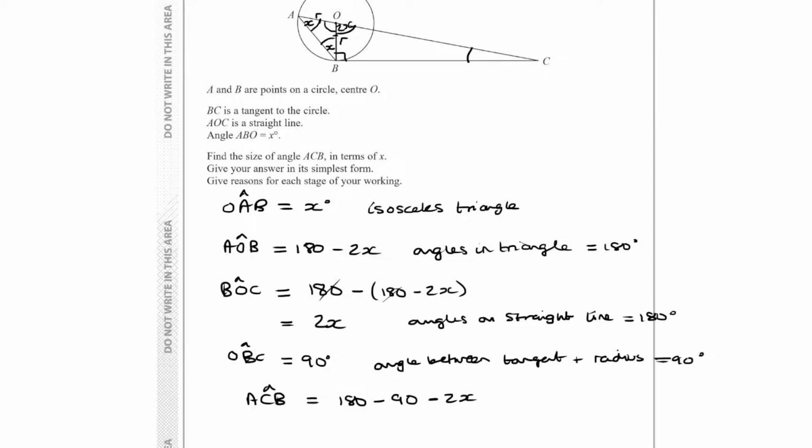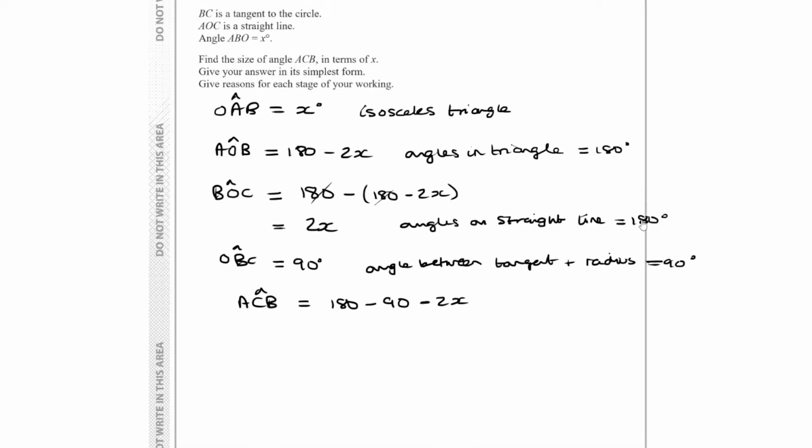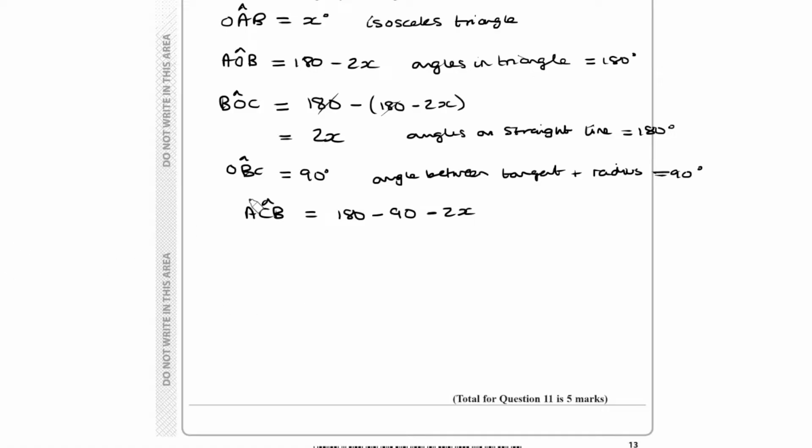Obviously now you can simplify that. I'm just going to scroll up, I know you can't see it, but this is the last bit anyway. So that would give me 90 minus 2x. That's your answer. The reason is angles in a triangle add up to 180.